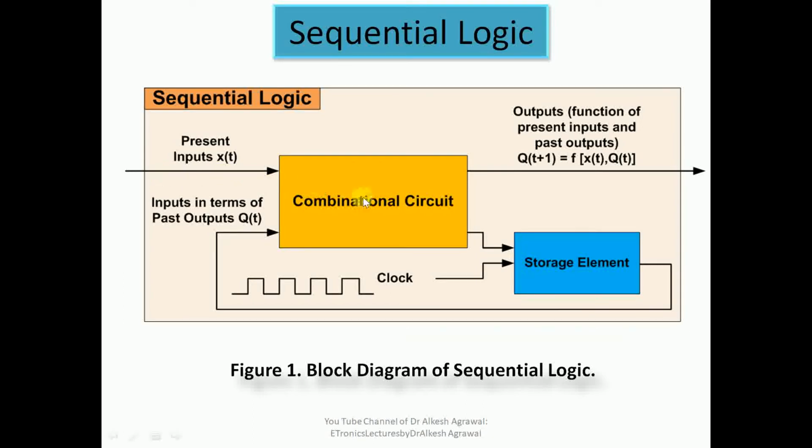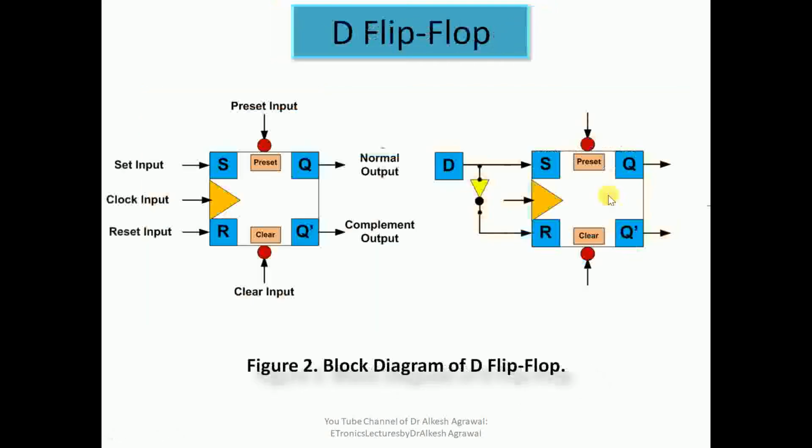Whenever you give certain input, through this combinational circuit it goes into the storage element, and from there it is fed back to the circuit. So simultaneously, when we give certain inputs at the present instant, through the feedback process we have certain more inputs that are nothing but the past outputs. So in sequential logic, the next output depends not only upon the present inputs but also on the past outputs.